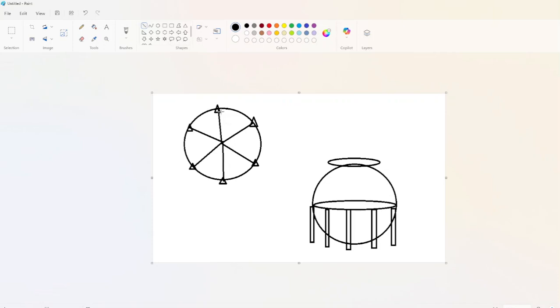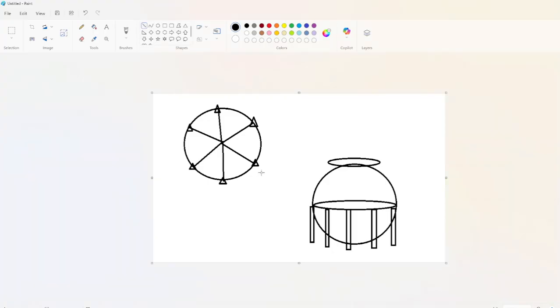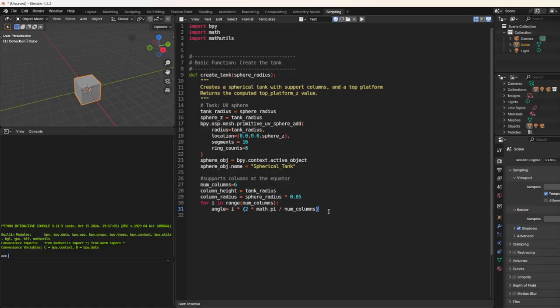So each of these is around 60 degrees. The i, every time this for loop runs, it goes to the next column. So here, this is i 1, 2, 3, 4, 5, 6.